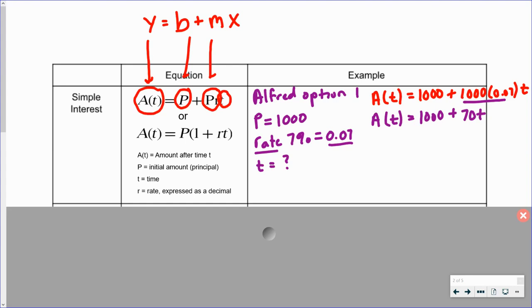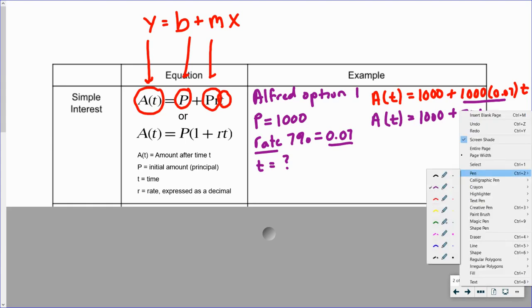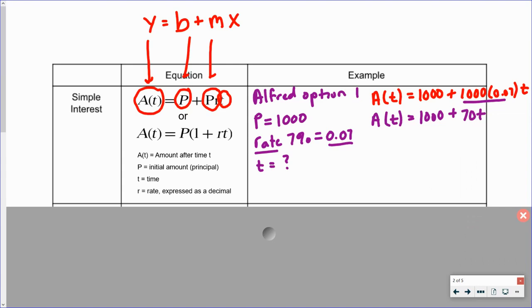That's the slope of the line, the rate of change. So as time increases by 1, so your months increase by 1, the amount of money in your account is going up by $70. Now, let's say we want to know how much money Alfredo has after 5 years. So let's say we let T equal 5 as an example.